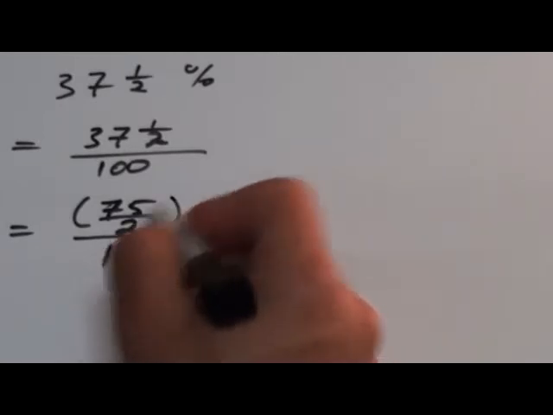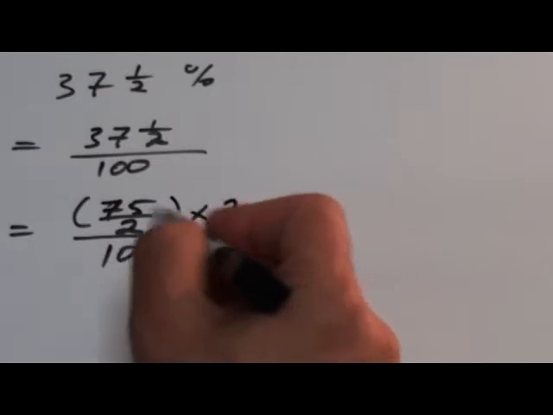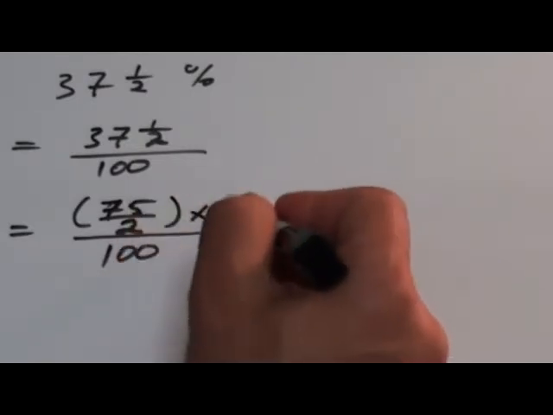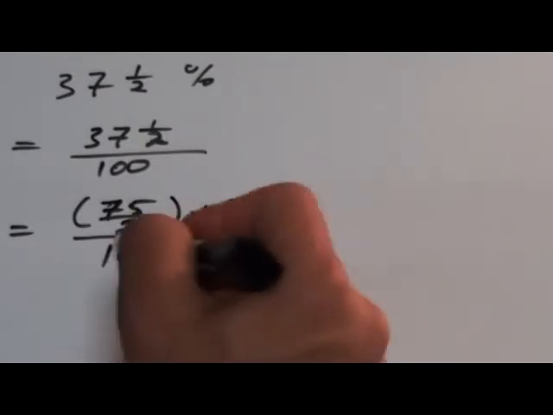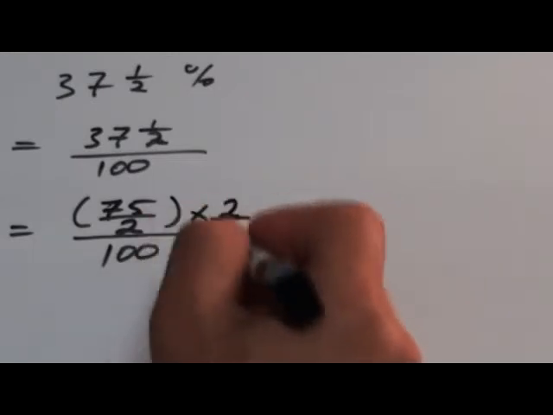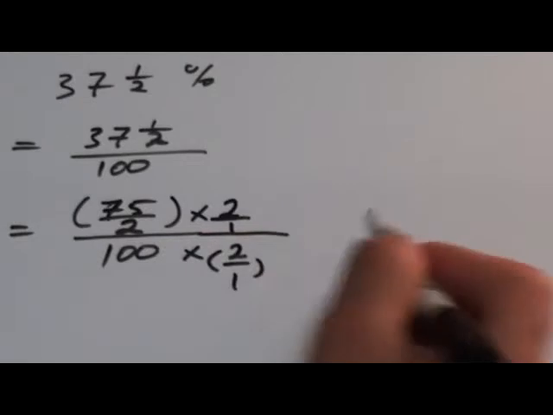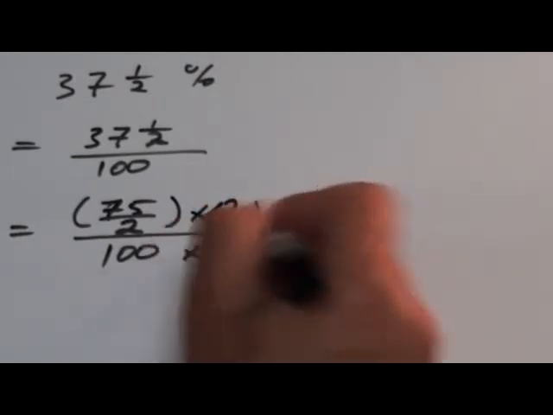So if we multiply the top by 2 over 1, that's like saying I've got 75 over 2 multiplied by 2 over 1. These two then can cancel, and if they cancel, we've got rid of the number that's on the bottom. But whatever we do to the top, remember, we've always got to do to the bottom. So that also has to be multiplied by 2 over 1.